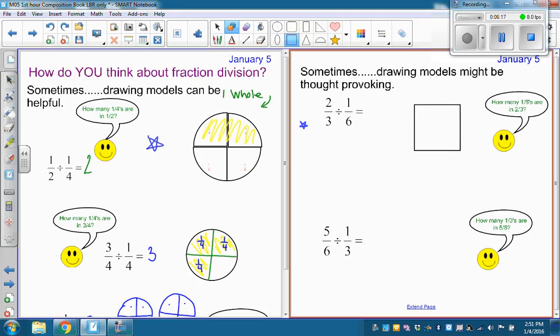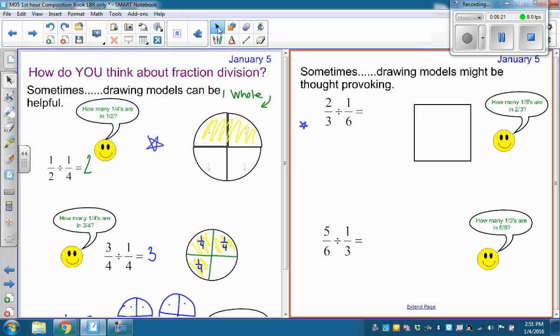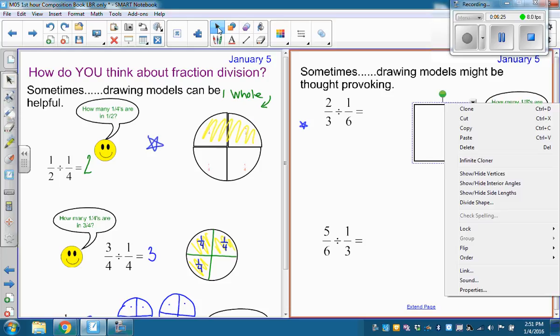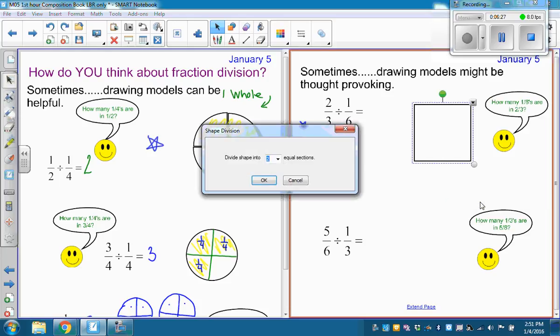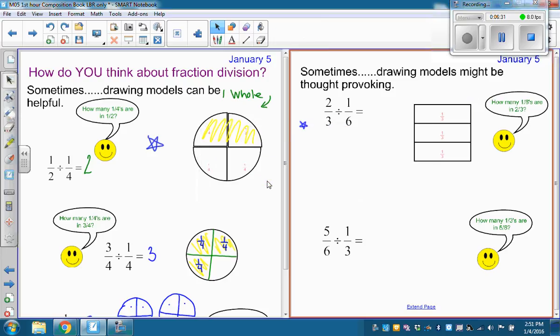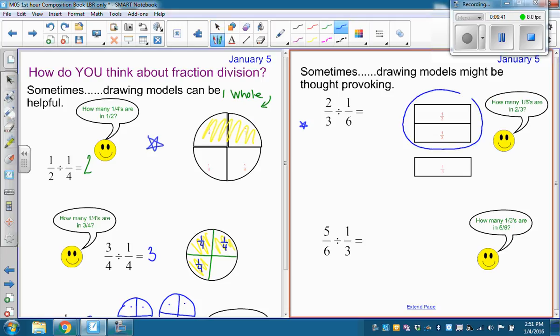Break that into 2/3, or into thirds. I'm going to divide this into 3 parts. And I want to know how many 1/6 fit into these 2/3 parts.